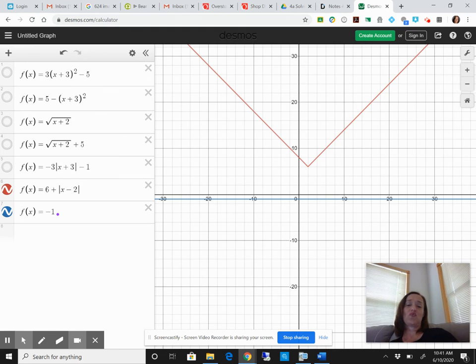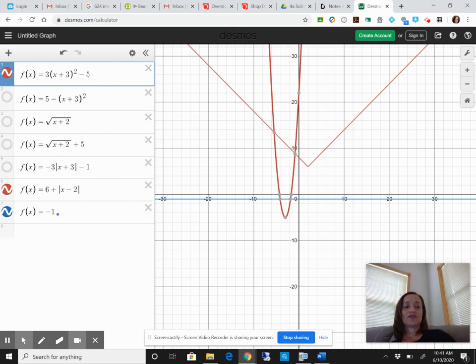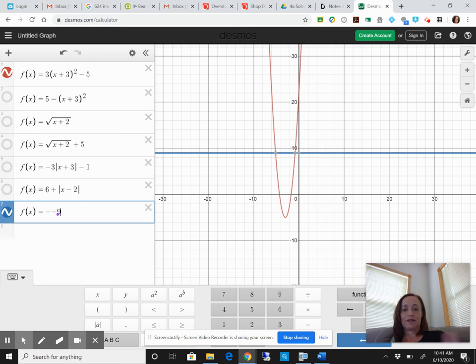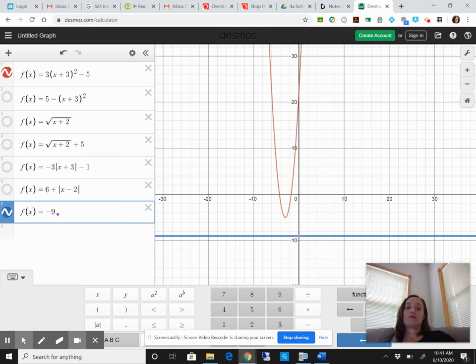And so that is why it is no solution. Now you could get no solution answers for parabolas too. Like this one, there's two solutions, right? Because it crosses twice. But if I made this like negative 9 or something like that, this would be an example of no solution.